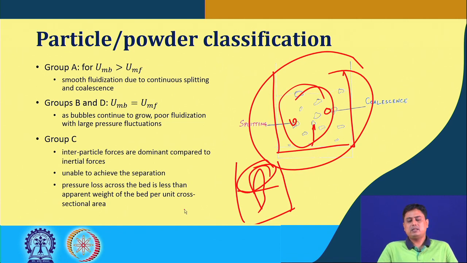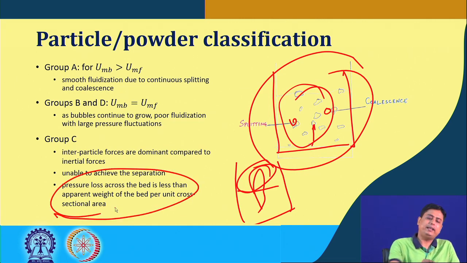Which means if you cannot visualize a bed, and want to detect what type of particle I am fluidizing, this is one of the criteria: if you plot the pressure loss across the bed, you can detect the scenario that this pressure loss is always lesser than the apparent weight of the bed per unit cross sectional area.